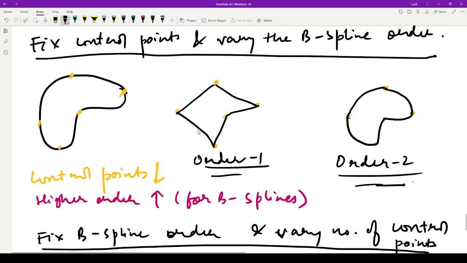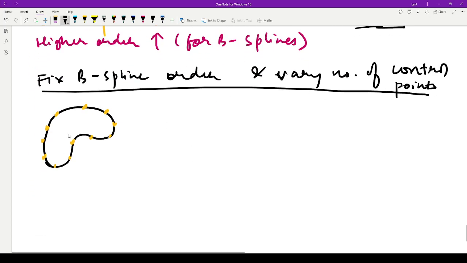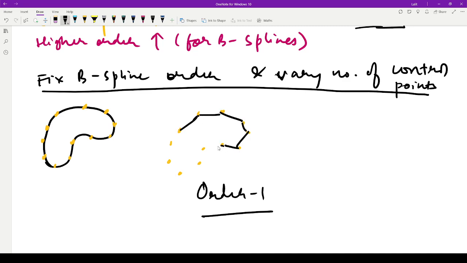So yes, as we see, if you have order one out here, you just get a very crude approximation of this bean shaped object. But if there are more control points out there, then you can see that even if you do a linear approximation, you can get the shape of the bean to some extent.